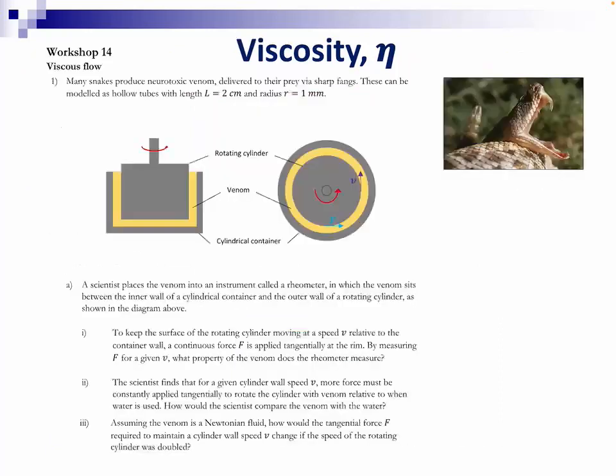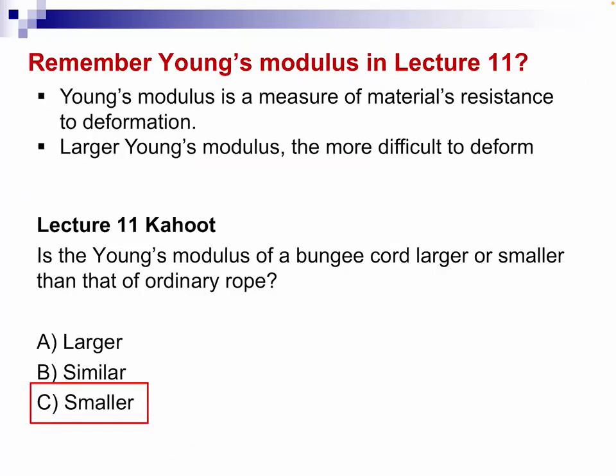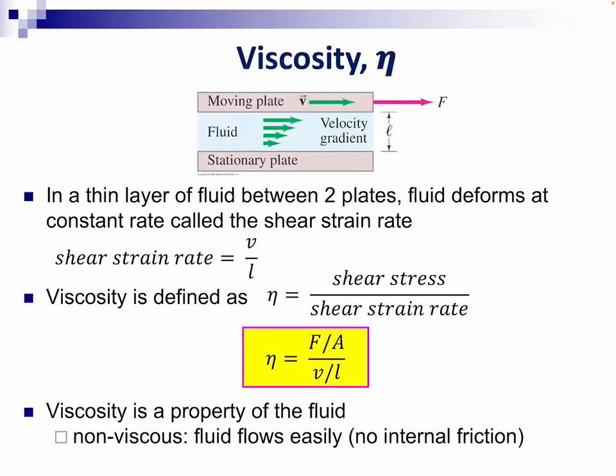So that's a similar concept to viscosity, except that viscosity refers to the fluid. It's how easily the fluid can flow. So the higher the viscosity, the more difficult it is for the fluid to flow. Just like the higher the Young's modulus, the more difficult it is to deform the solid objects.